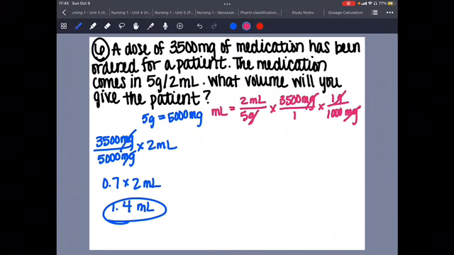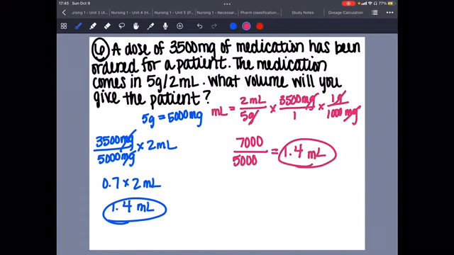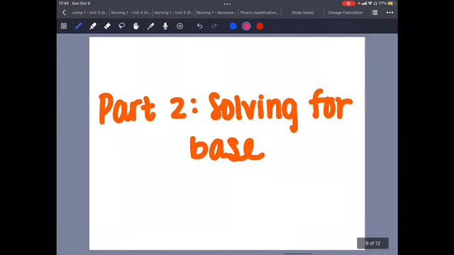Cancel everything out. So you're going to go 2 times 3,500, should get 7,000, over that 5,000. And then you should end up with 1.4. So no matter which way you go, you should always end up with the exact same answer either way.